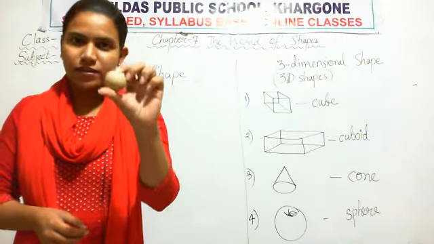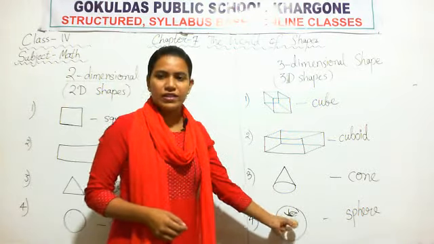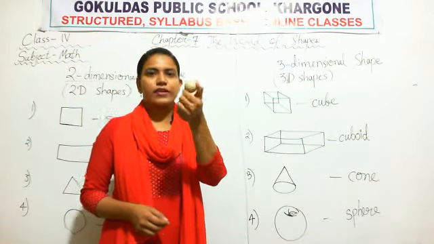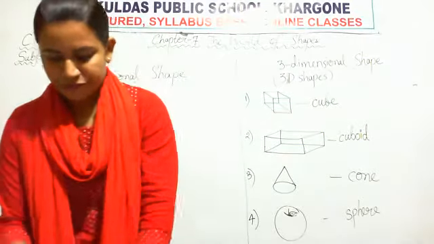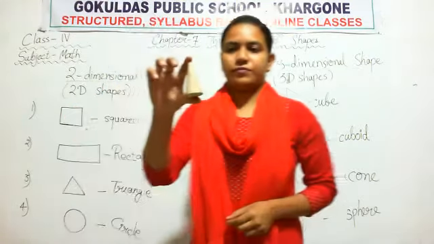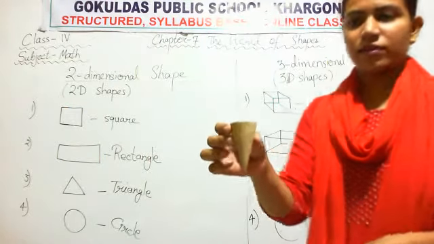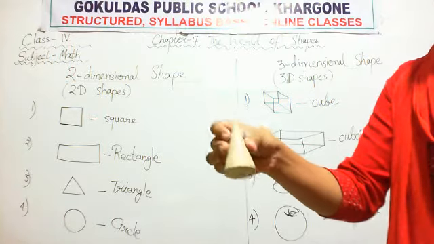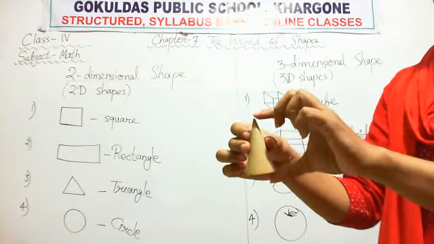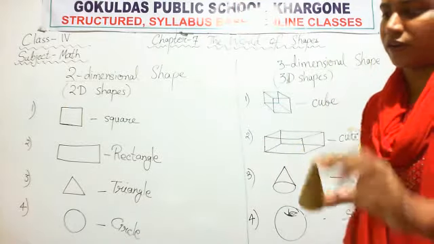I can hold it, I can move around it. It is an example of sphere, circular ball. It is the example of cone. Your ice cream cone looks like this. Ice cream cone, birthday cake. So it is the solid shape which represents cone.